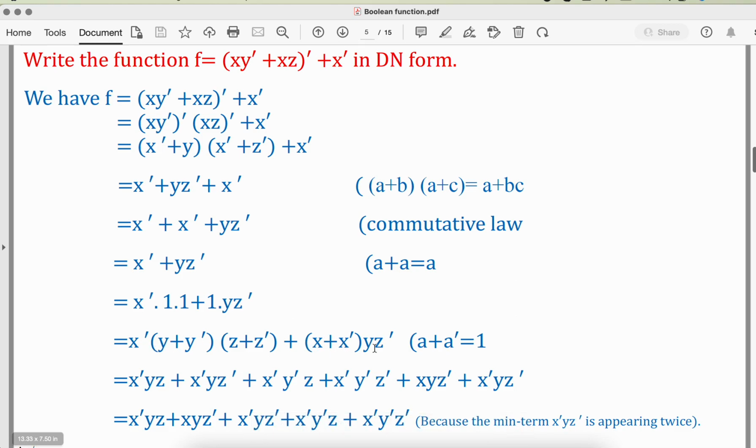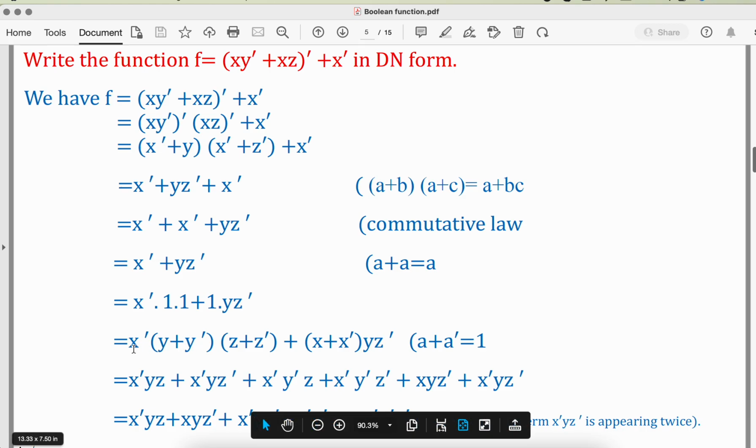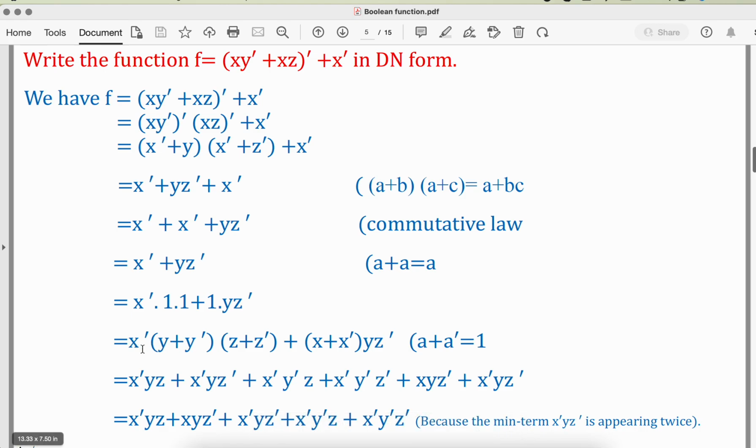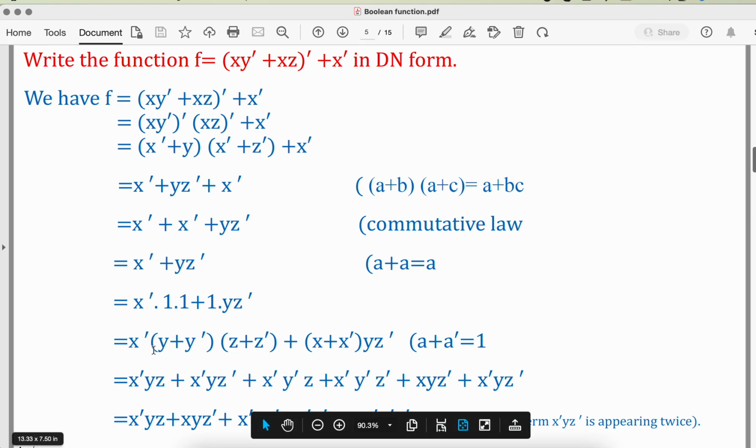Now we can again simplify this. So it will be x dash into y plus y dash, into z plus z dash. If you apply the distributive law, x dash into y plus y dash is x dash y plus x dash y dash. And again applying the distributive law, we get x dash y into z plus z dash, meaning x dash yz plus x dash yz dash.